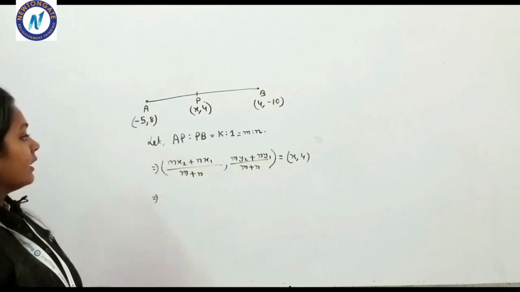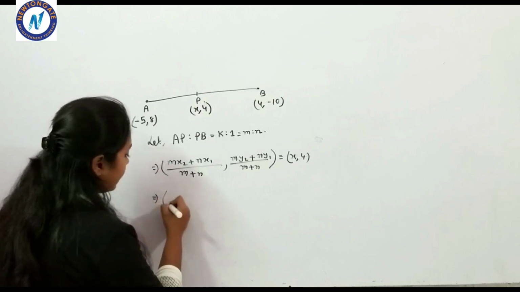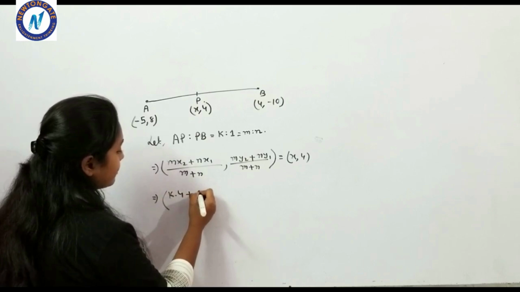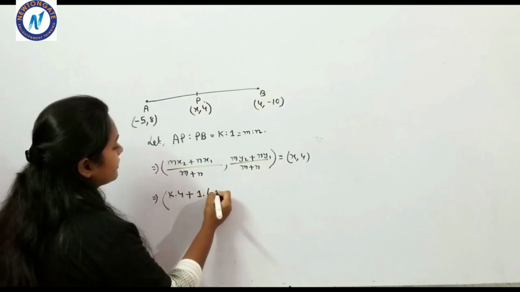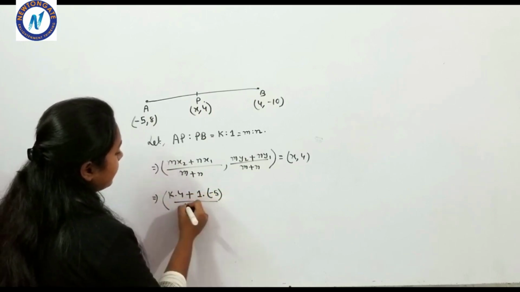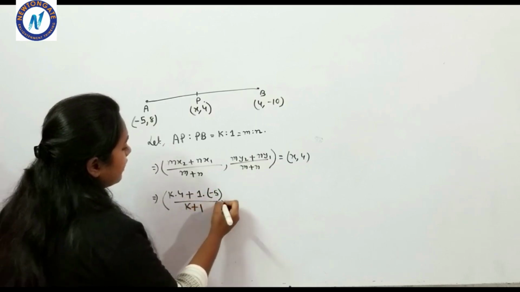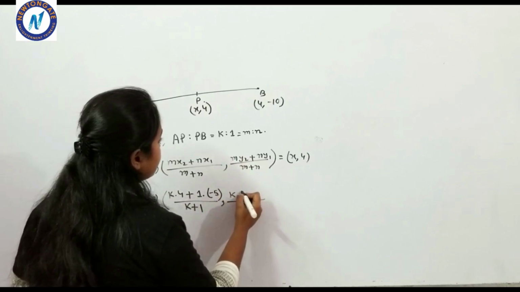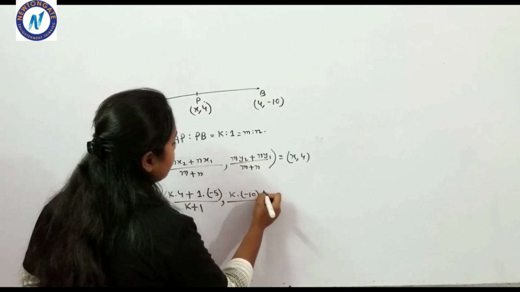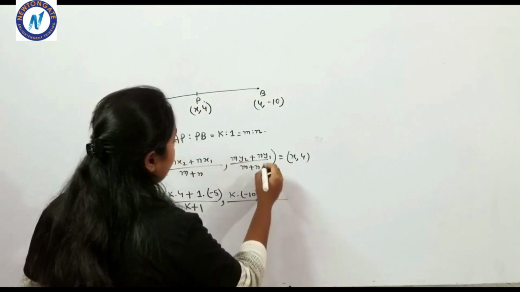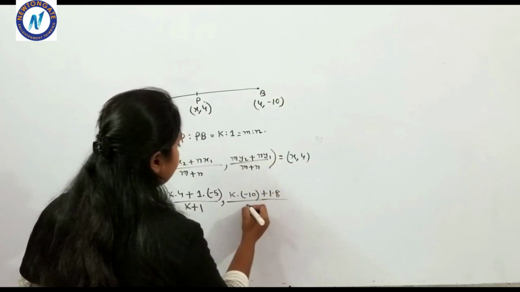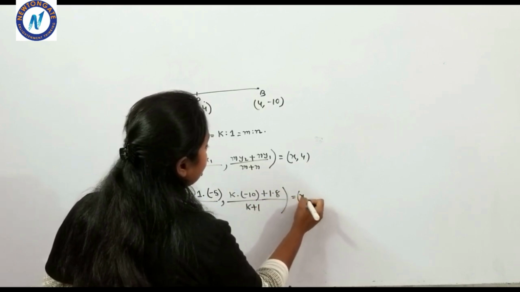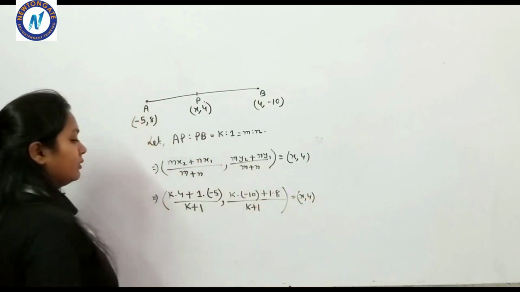Here m means k, x2 means 4, plus n means 1 into x1 means minus 5, by k plus 1, comma, m means k, y2 means minus 10, plus n means 1, y1 means 8, divided by k plus 1, equals (x, 4).